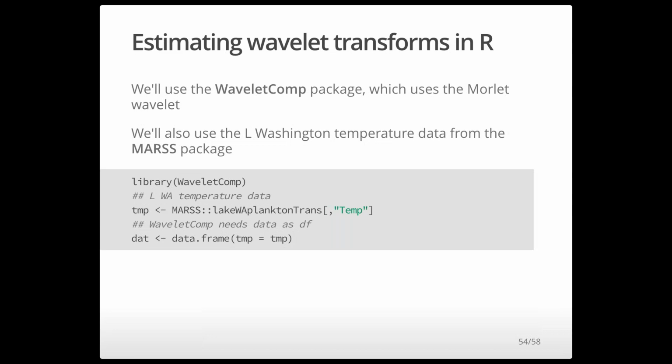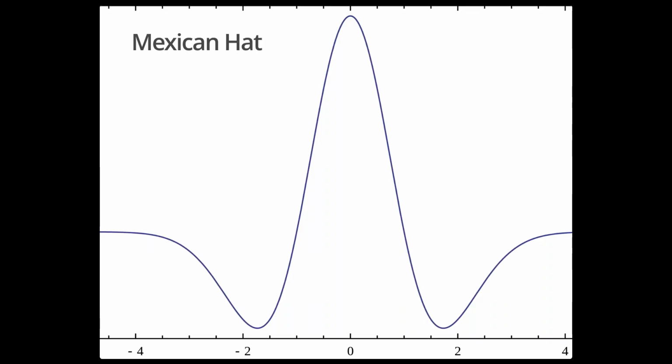There are a bunch of packages out there that will do this. One of them that I'm familiar with is called WaveletComp. It uses a Morlet wavelet. The influence of the wavelet itself is not huge because a lot of them have a relatively similar shape, where it tends to look for a peak and an impulse response, like the Haar wavelet, I'll back up here.